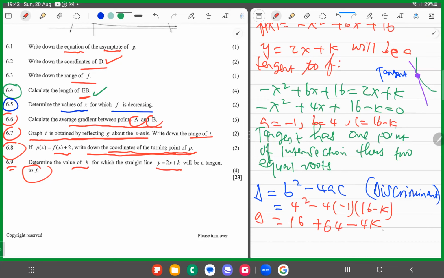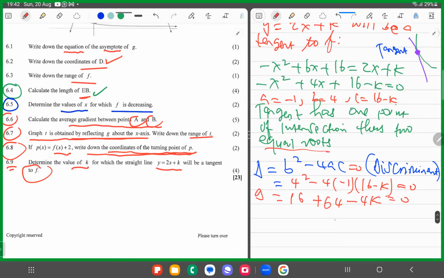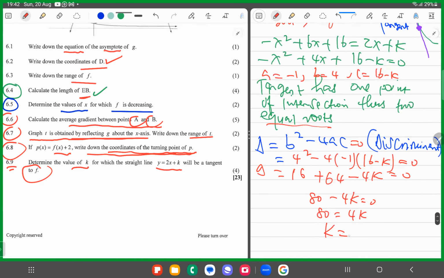All right, therefore this discriminant becomes equal to 0 for equal roots. So you add them up, it becomes 80, minus 4k equals 0, which means 80 equals 4k, which means k is equal to 80 divided by 4, which is actually 20.